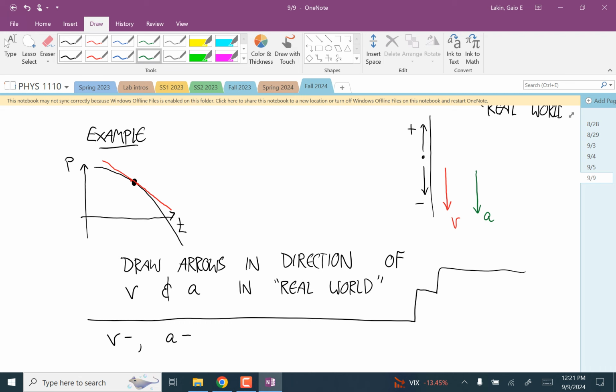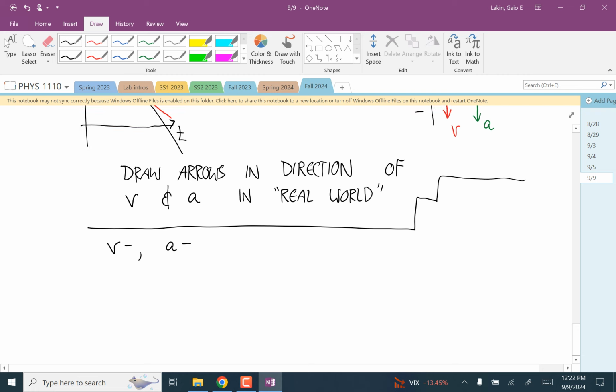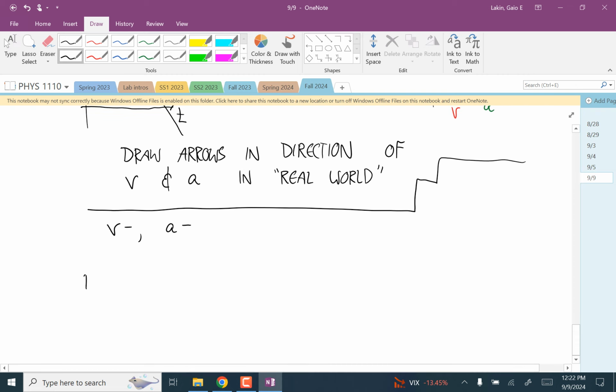So, okay, here's the thing. Negative acceleration does not mean slowing down. Positive acceleration doesn't mean slowing down. To figure out whether something's speeding up or slowing down, you have to know the signs of both the velocity and the acceleration. So this is sort of like a key thing to remember about the meaning of acceleration.